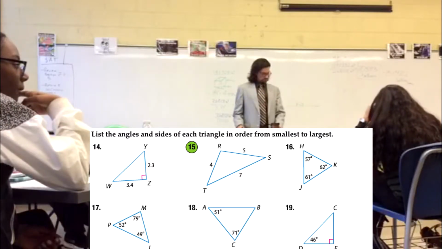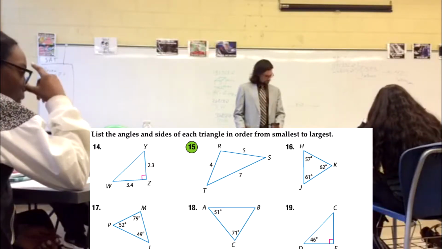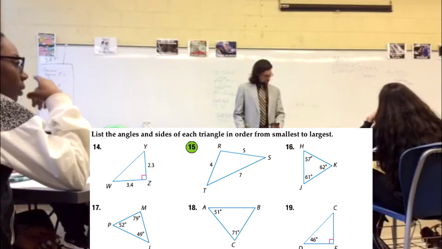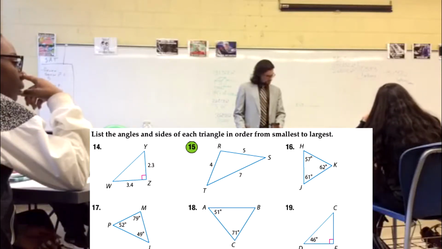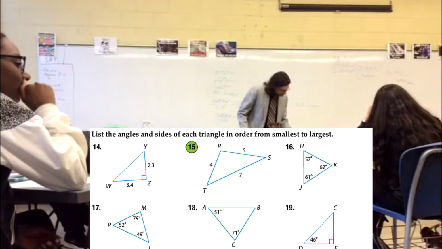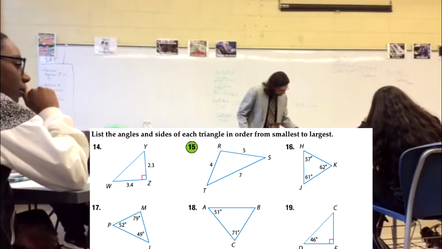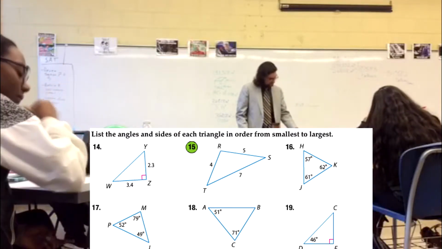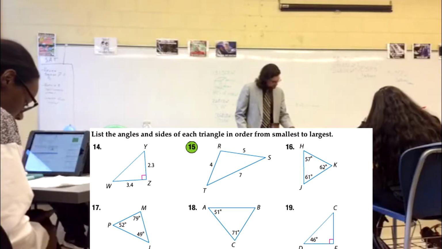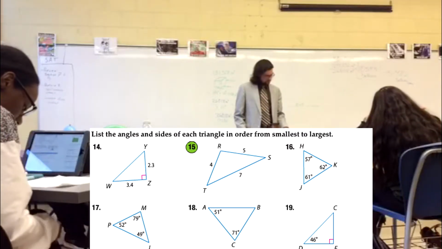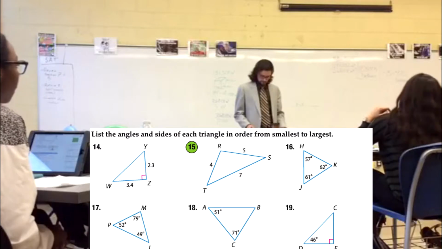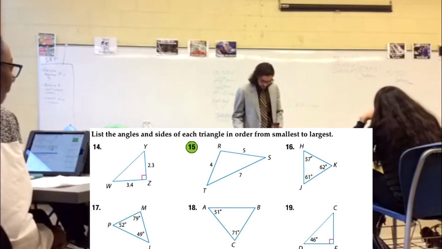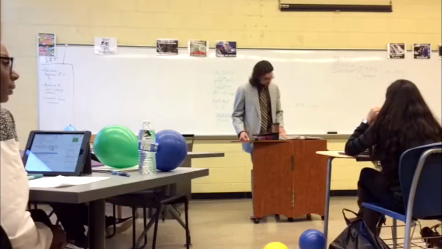Oh, that's not for number 18 then. Okay, I'm sorry. 18 is angles ABC, sides BC, AC, AB. Yeah. Okay, that makes more sense, because S, T and R don't exist on the triangle. In England? In England, no, they don't use those letters.